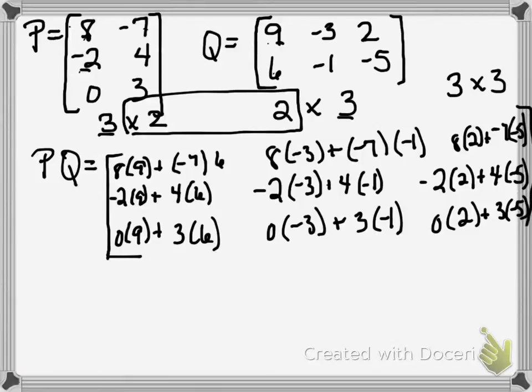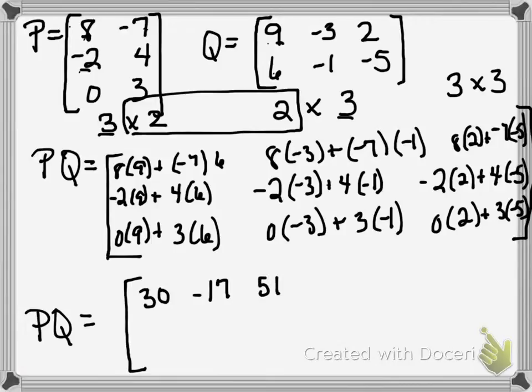Now, I can go ahead and simplify all this just by doing the operations here. When I add all of that together, I end up with 30, negative 17, 51, 6, 2, negative 24, 18, negative 3, and negative 15.